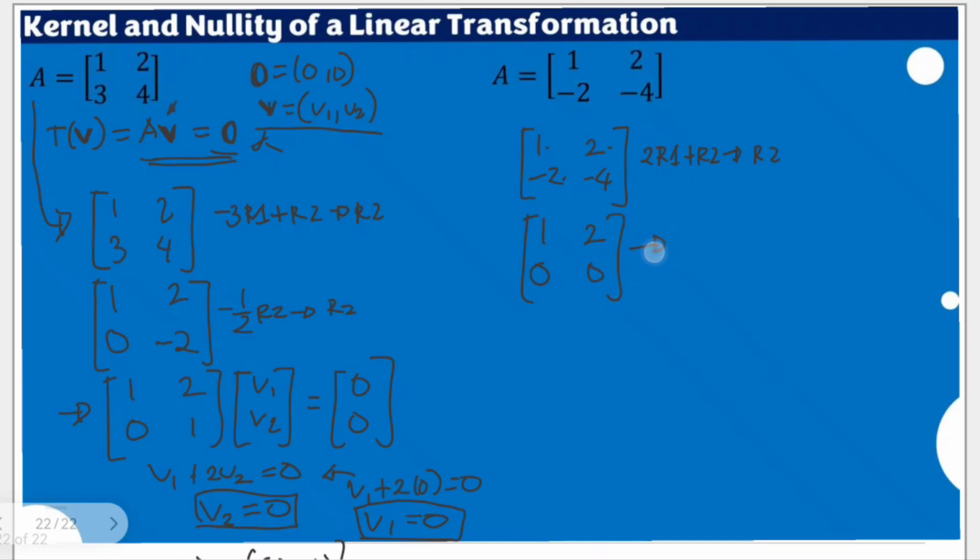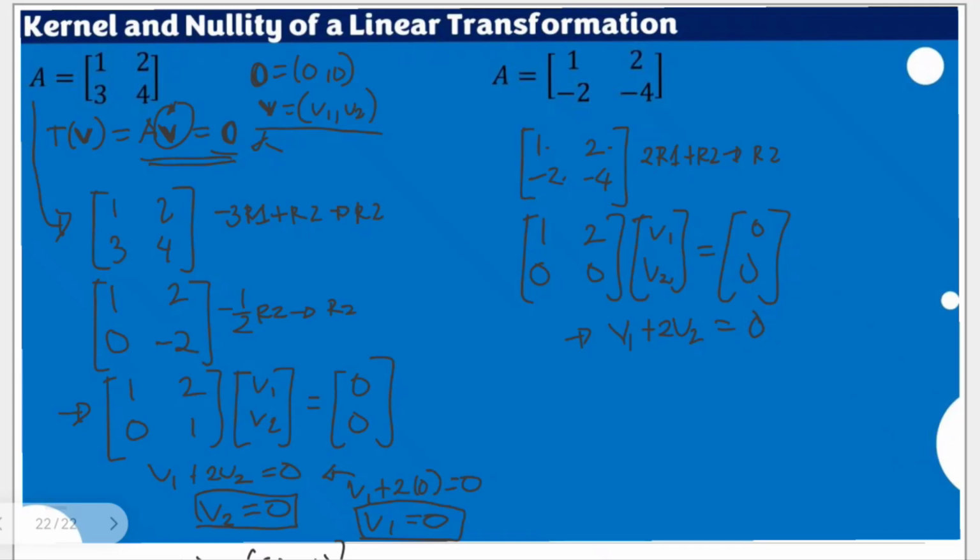For this, you only have one equation, and if we multiply this with your v vector, v sub 1 and v sub 2, you will have this equation: v sub 1 plus twice v sub 2 is equal to 0.